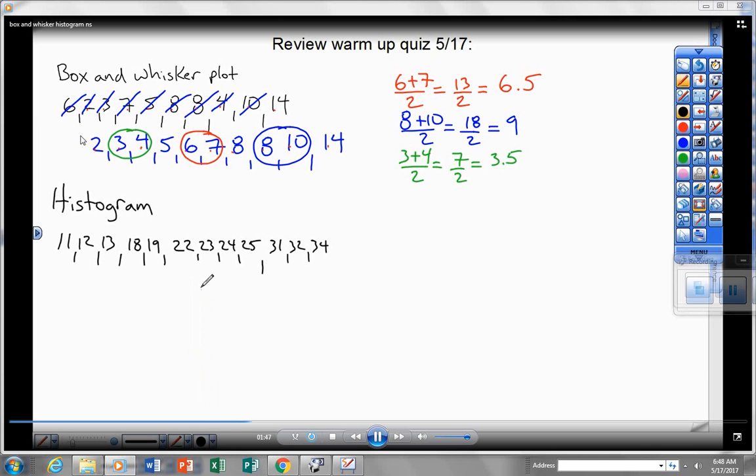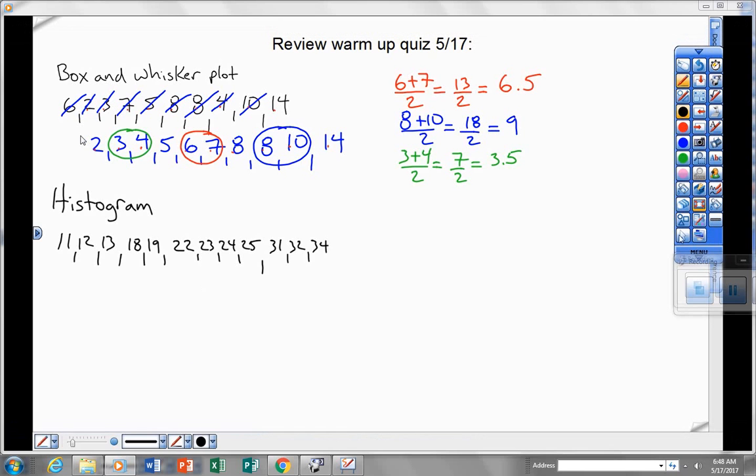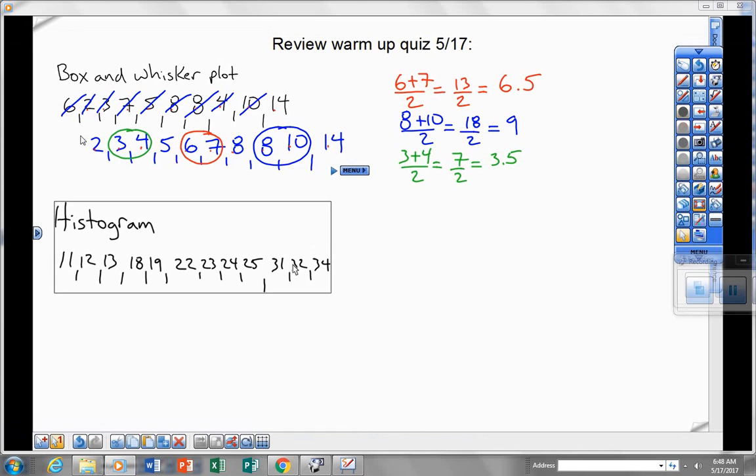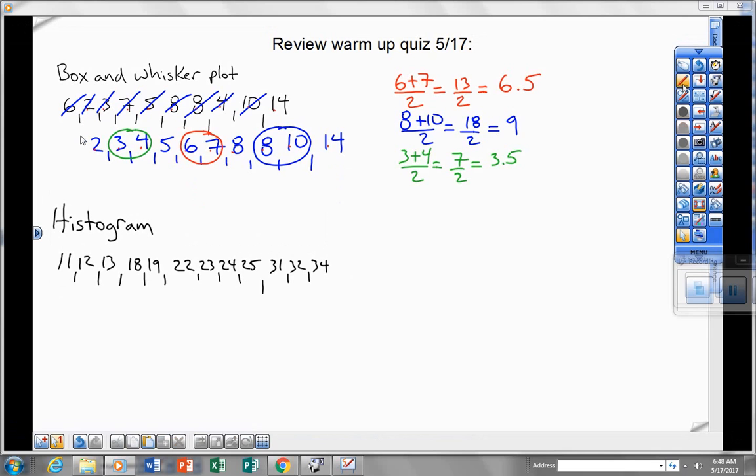I can start to make my box and whisker plot on a number line. So I take my number line and make sure the numbers match the data that I have here. So I'm going to go from 0, count by ones, go all the way to 14.